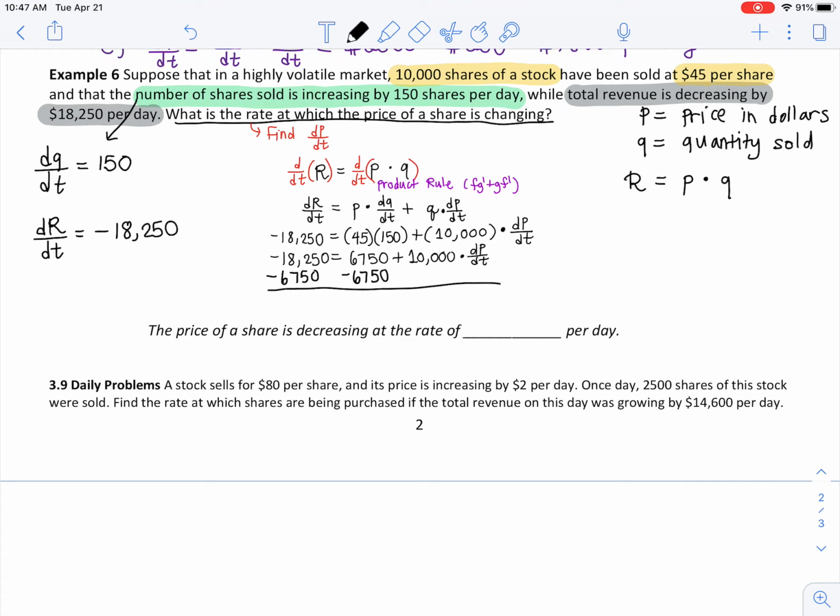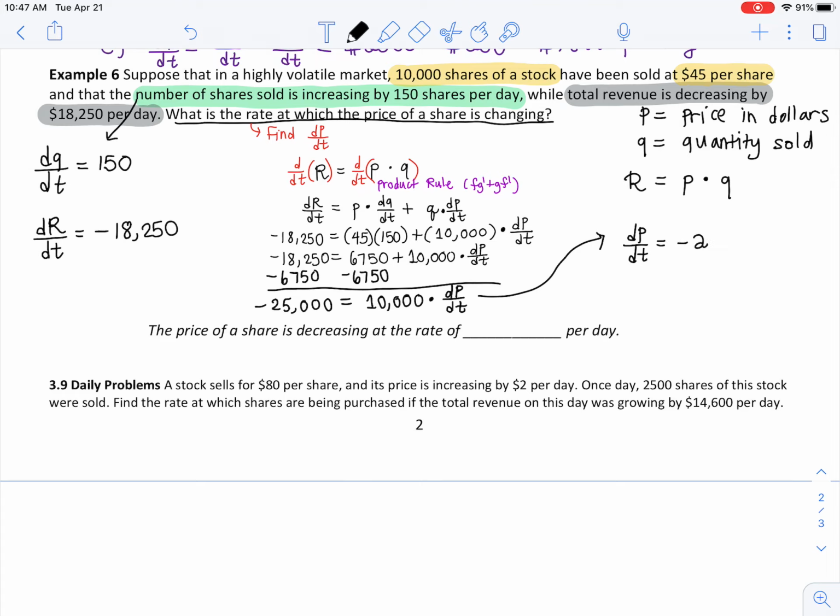Okay, subtract 6,750 from both sides. If you do that, what will you get? The left side will give you negative 25,000, and the right side is 10,000 times dP/dt.